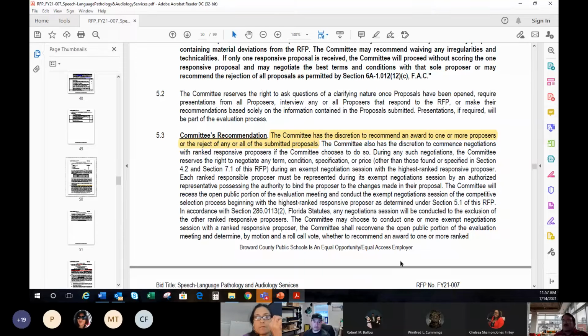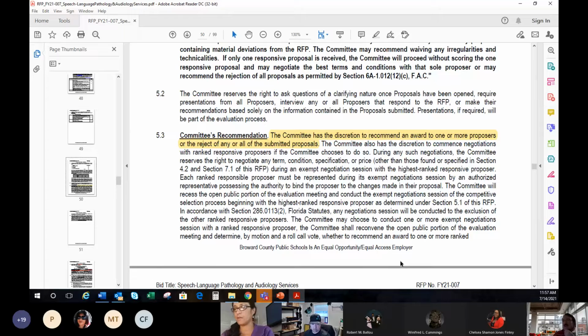So in other words, when we go into negotiations, we have to have somebody there that is an authorized representative of that proposal and company so that we can make changes to the proposal itself. And usually those changes will go into a written agreement, which is basically sent to the board for approval.